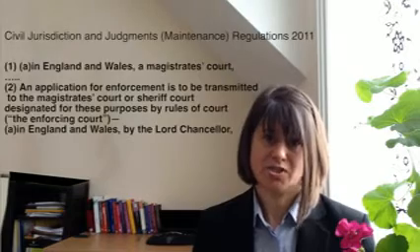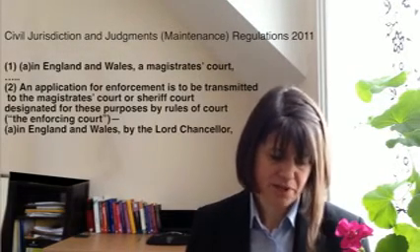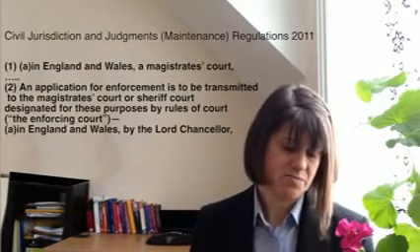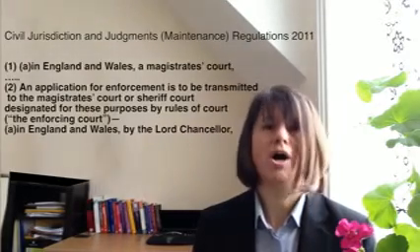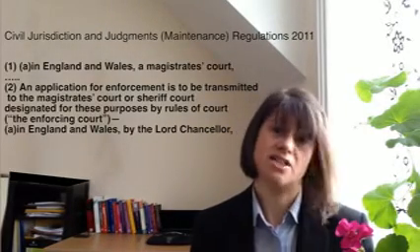So Article 27 says that the declaration of enforceability shall be submitted to the court of the competent authority. That's identified in accordance with Article 71, and that is the Magistrates Court, transmitted from REMO. Now that's reflected in the more recent Civil Jurisdiction and Judgments (Maintenance) Regulations 2011, which provide that the competent court is the Magistrates Court, and under subparagraph 2, to be transmitted to the Magistrates Court by the Lord Chancellor, and that's REMO.